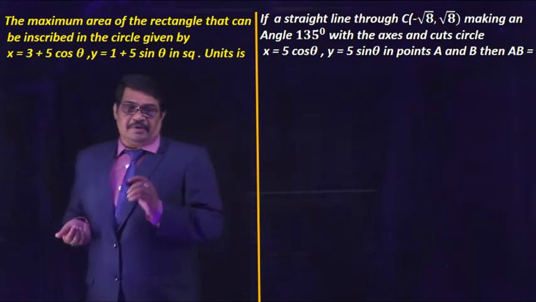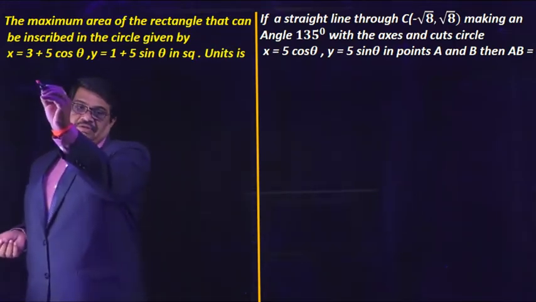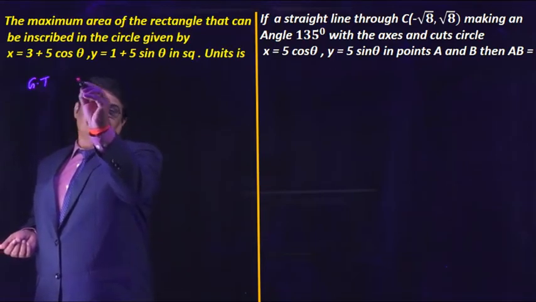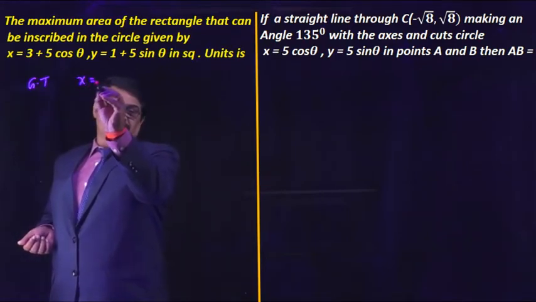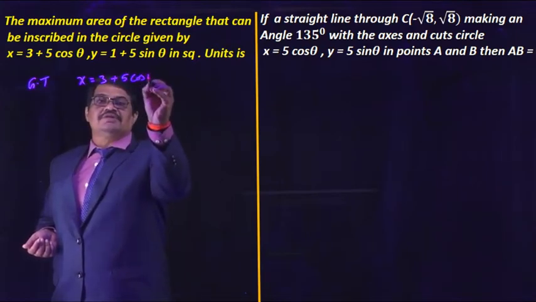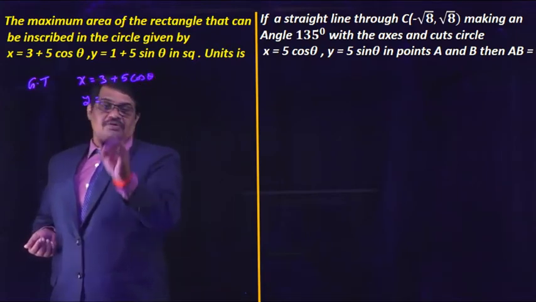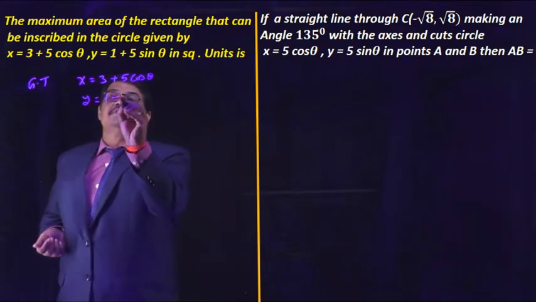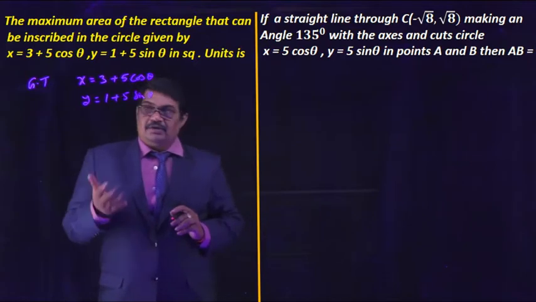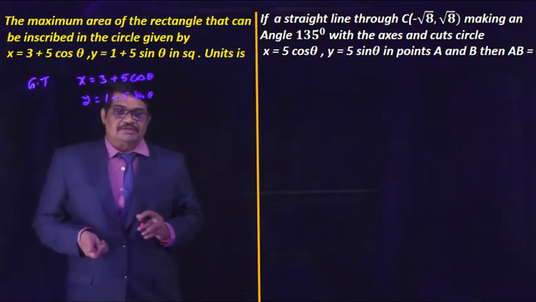The circle is in parametric form. So here the solution: the given circle's parametric equations are x is equal to 3 plus 5 cos theta and y is equal to 1 plus 5 sin theta. These are the parametric equations of the given circle.